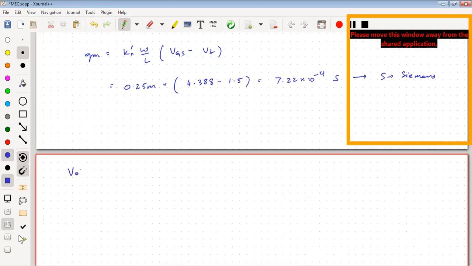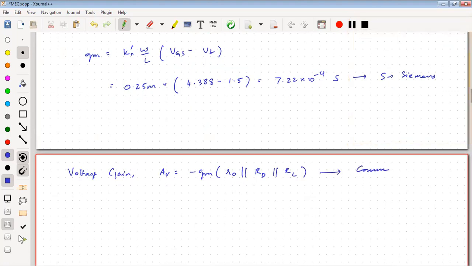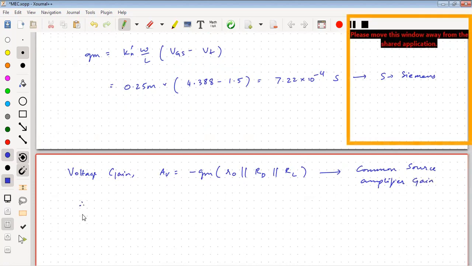So voltage gain Av is minus gm into ro parallel RD parallel RL. Remember, this is a common source amplifier. Common source amplifier gain. I know the value of RD, I know the value of RL. I don't know the value of ro. I know the value of gm, but ro I don't know.